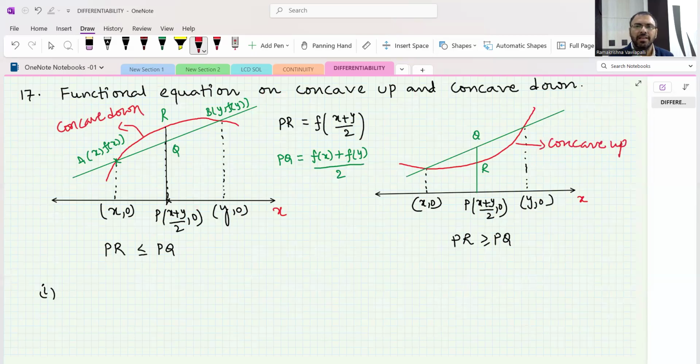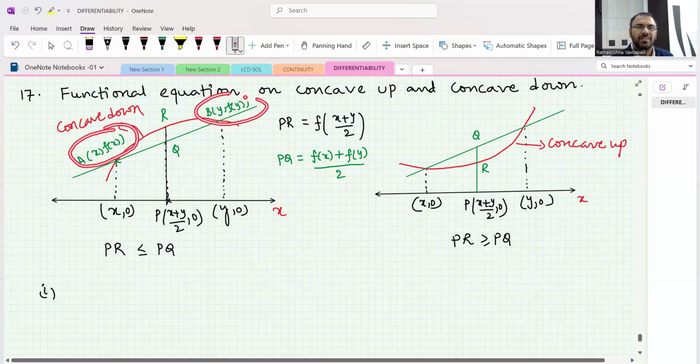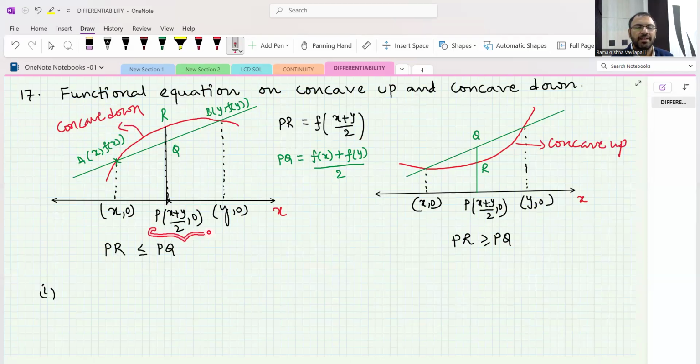If you take a point x, f of x as one point P, and y, f of y as another point, I have taken two points. And I have taken the midpoint of x, 0 and y, 0. At this point, I have drawn a line perpendicular to the x-axis so that it meets the secant line at Q and the curve at R.